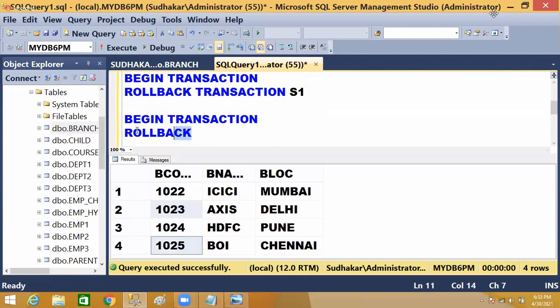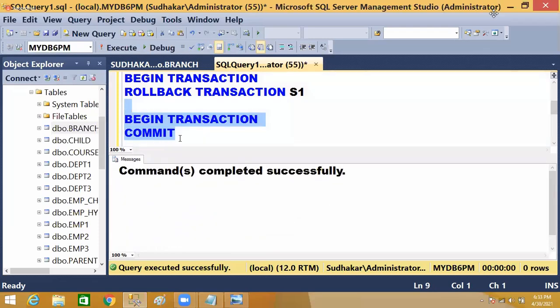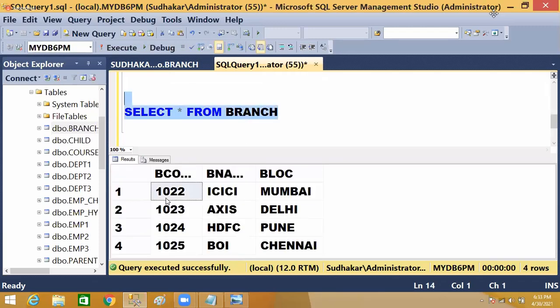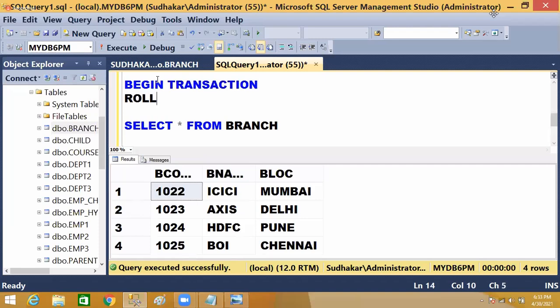So instead of this, what I'm using? Commit. When I'm using commit, what happened? Let you see whether your 1021 record is permanently deleted or not. So 1021 did not come after you try. Let you see, I'm trying now. Begin transaction, and I'm using rollback.